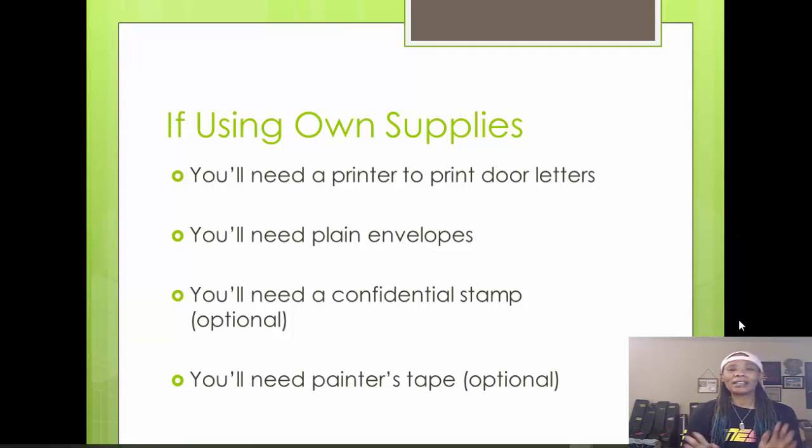Some cheapy plain envelopes will work just fine. You're going to need a confidential stamp, which is optional, and I'll explain why. You may need some painter's tape, which is also optional. These are just supplies that you may or may not need during a letter delivery inspection.